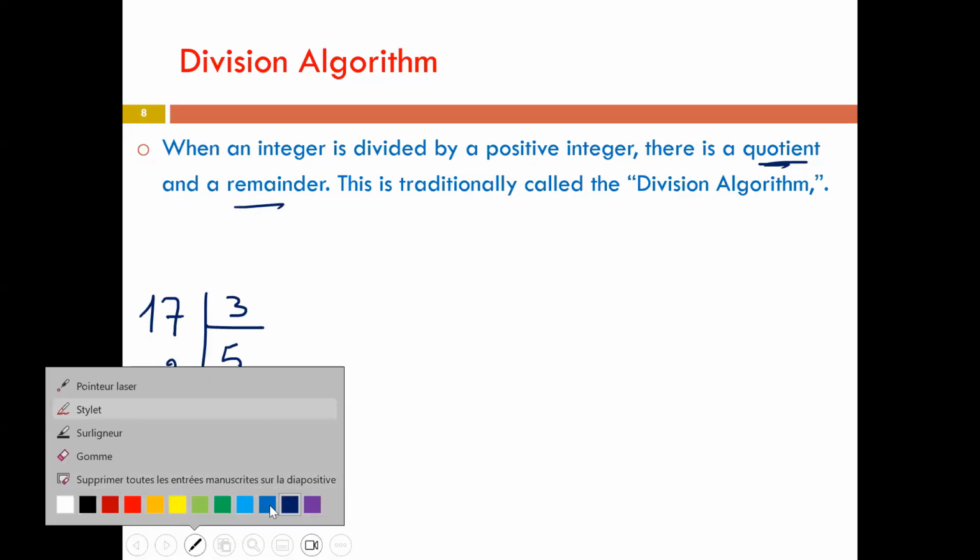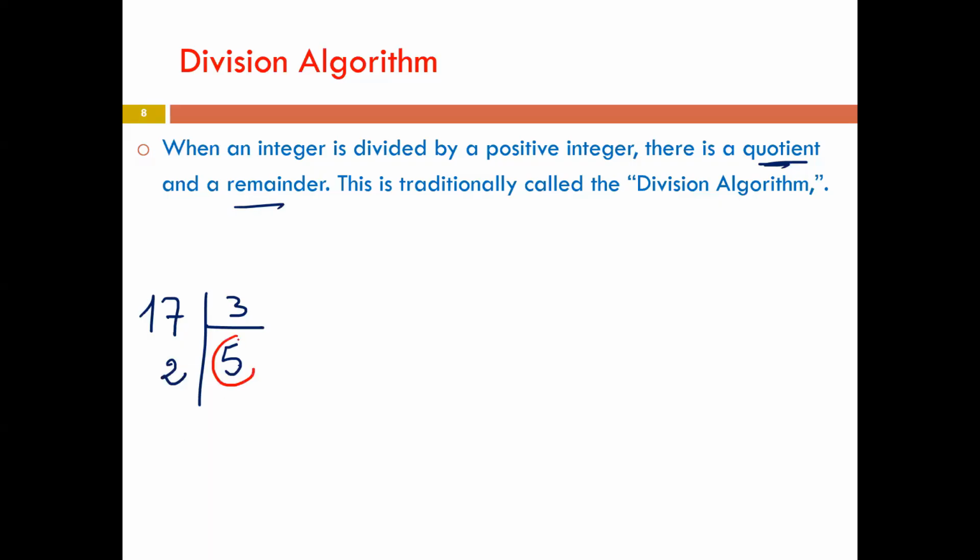This is called the quotient, and this is the remainder. And this is the division algorithm.